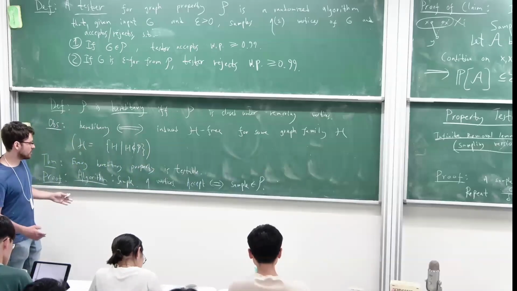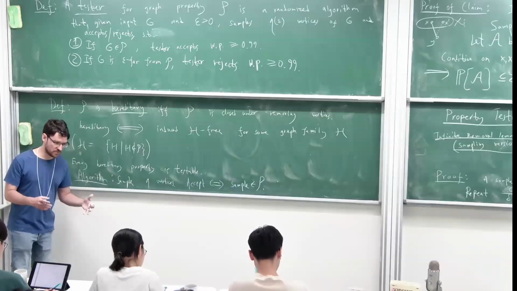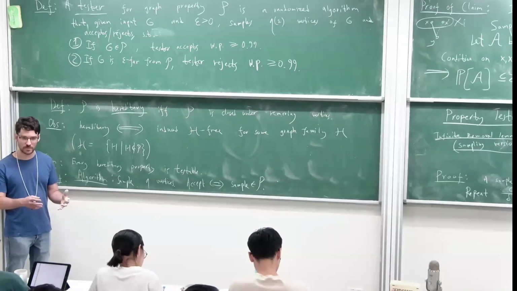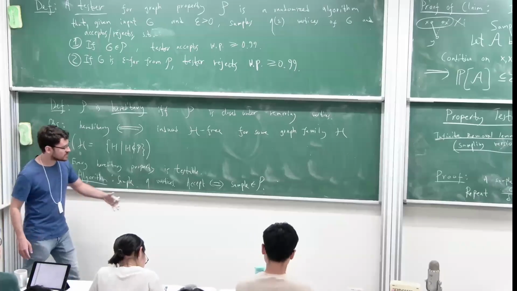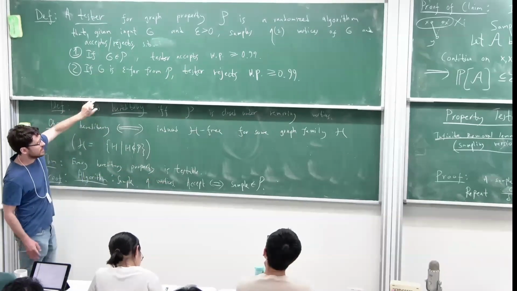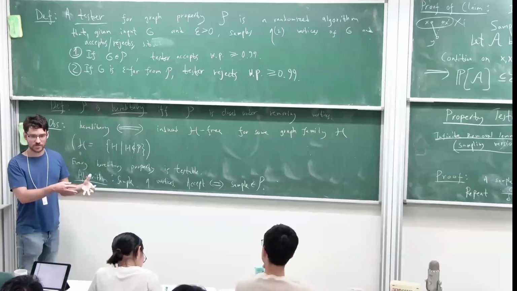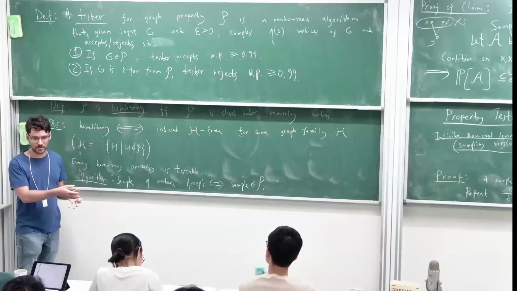Again, we think of a hereditary property. It means that the property is defined by forbidden induced subgraphs. So if the graph satisfies the property, then every subgraph also satisfies it. It's hereditary. So with probability 1, the tester will accept.